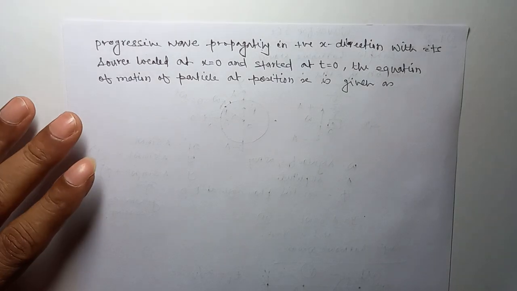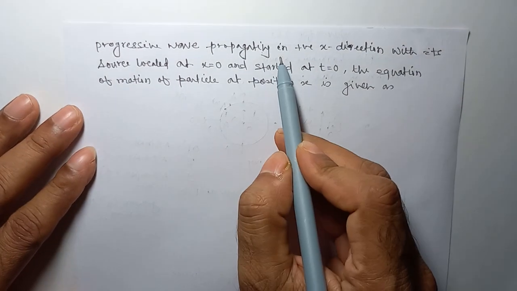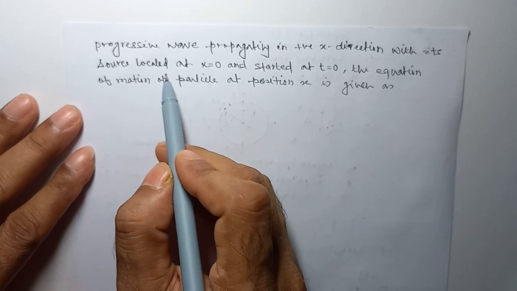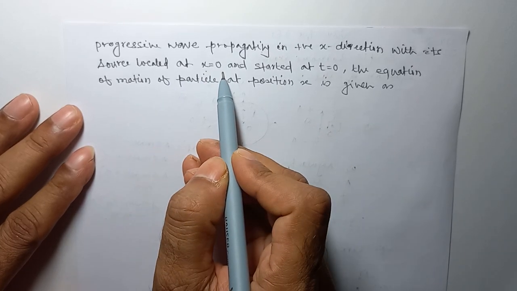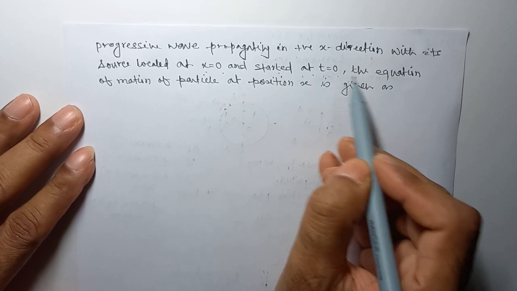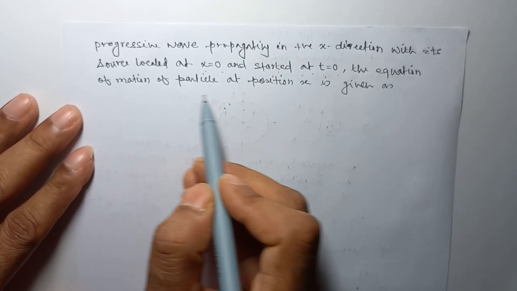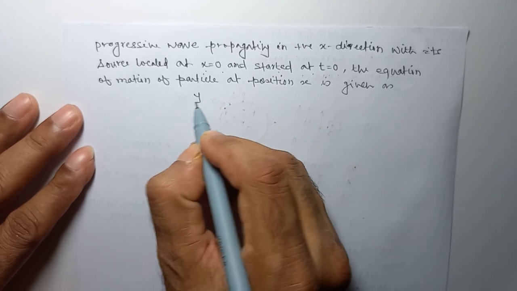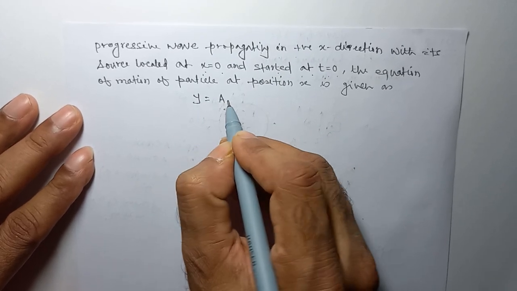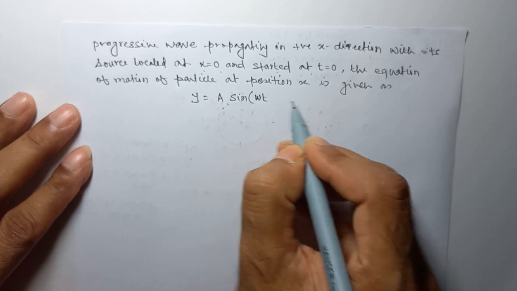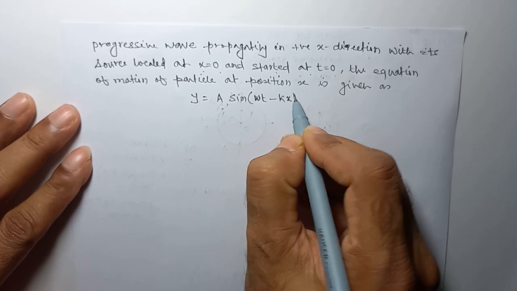So we derived a progressive wave propagating in the positive x direction with its source located at x is equal to 0, the origin, and it started at t is equal to 0. The equation of motion of the particle at position x is given by y is equal to A sine omega t minus kx.